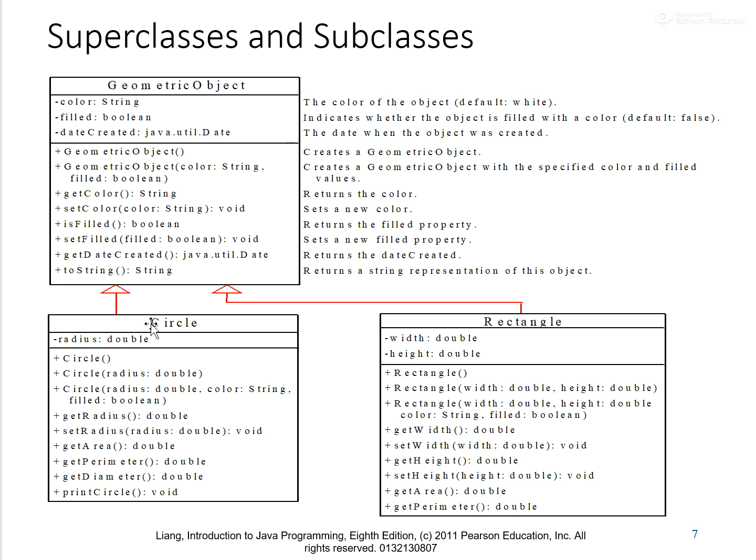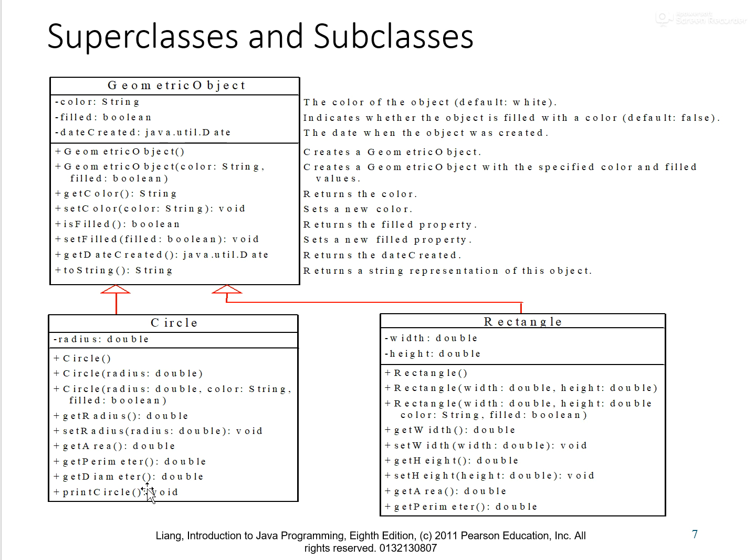Since the circle class has an is-a relationship with the geometric object class, everything that you see up here, all the member variables, all the methods of the geometric object class, can also be called for a circle object, because a circle is a geometric object.